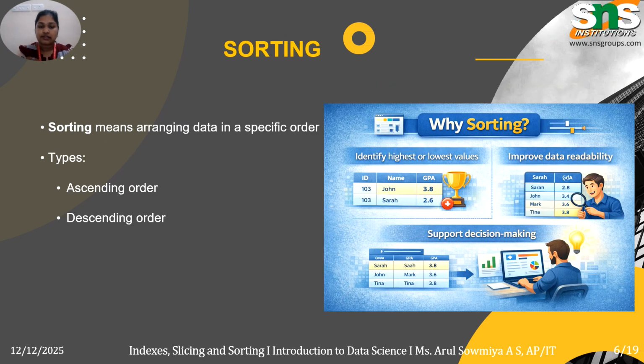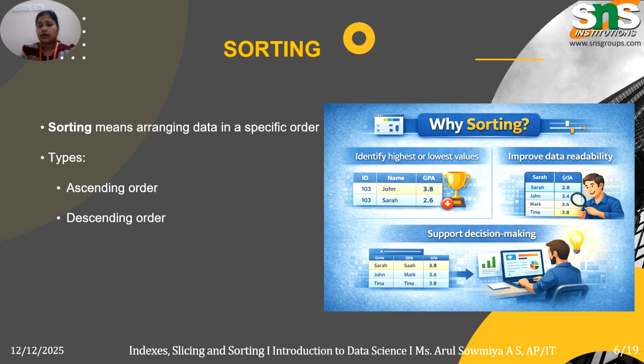The next one is sorting. Sorting means arranging the data in a specific order, which is ascending or descending order. So why does sorting matter? It identifies the highest or lowest values, it improves the data readability and it supports decision making. Here also we have a student database which consists of ID, name and GPA of the specific students.